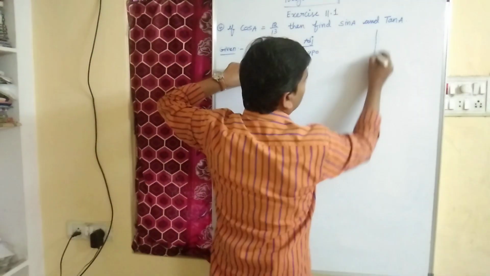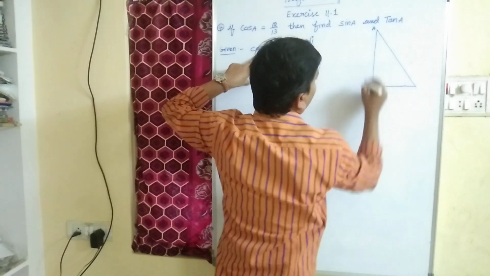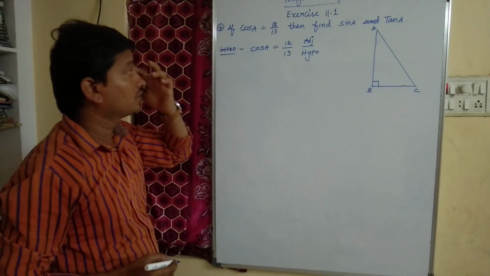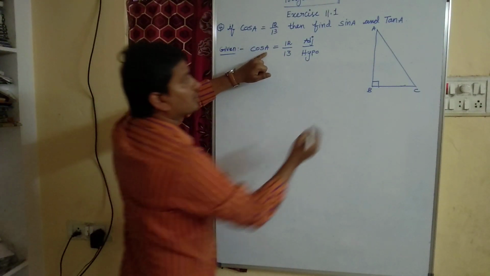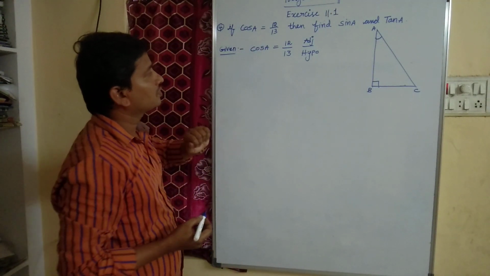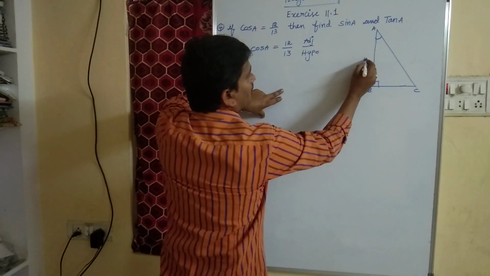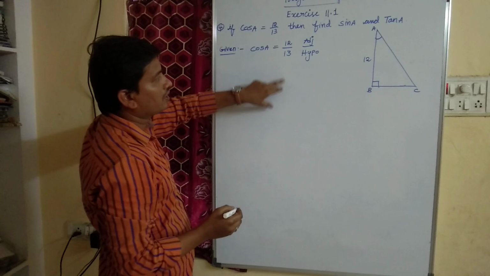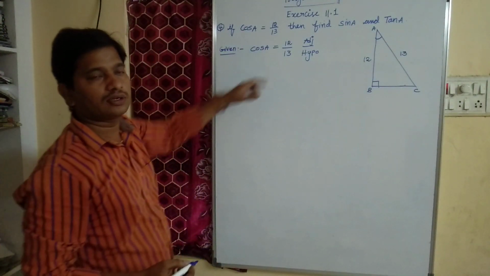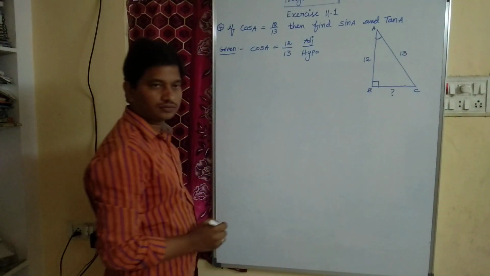So let us draw a right angle triangle ABC. The right angle is at B. The angle is at A, children. So with respect to A, the adjacent side is AB, that is 12 centimeters, and the hypotenuse is AC, 13 units. We don't know the length of the side BC.